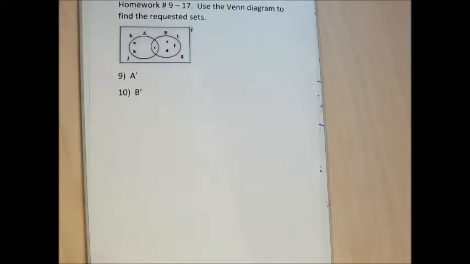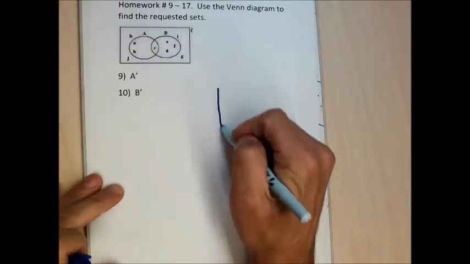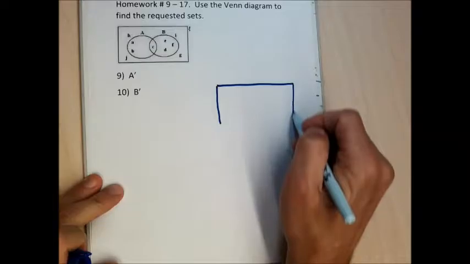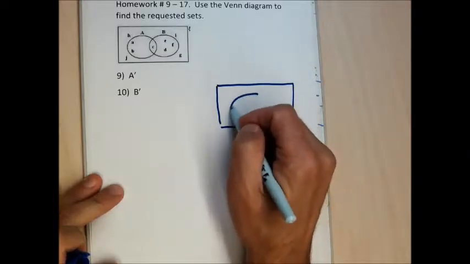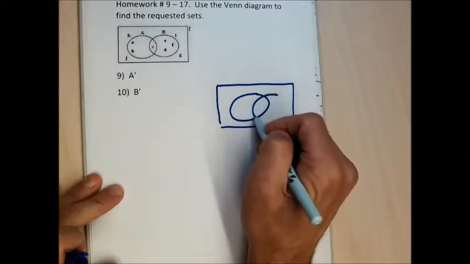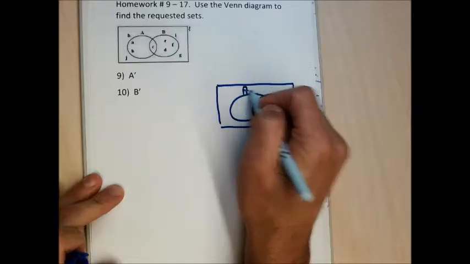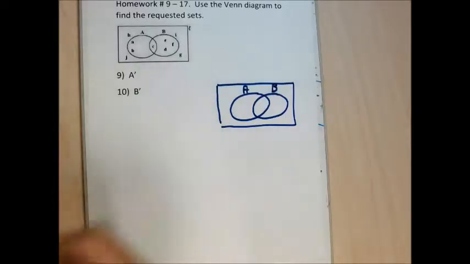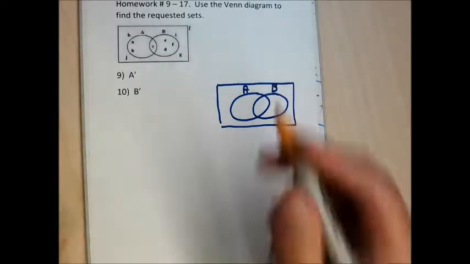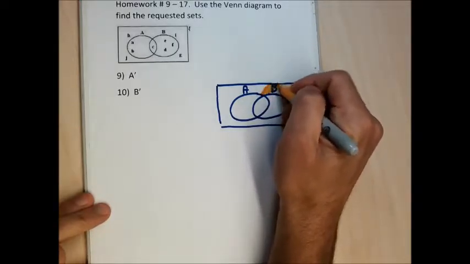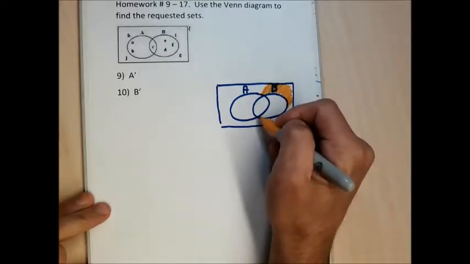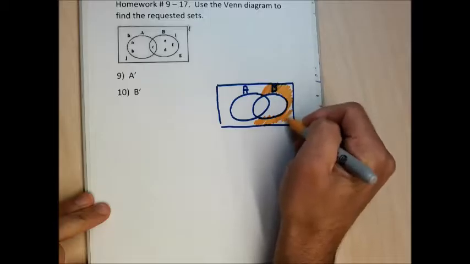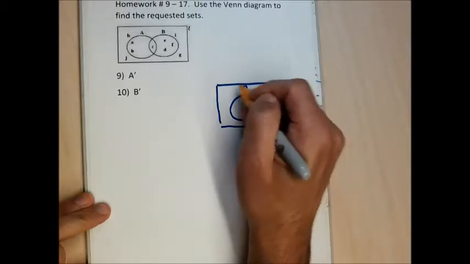And to do 10, from this picture that's given that has a set A and a set B, I just need to draw B complement. B complement's easy for me to draw. B complement is anything that's outside the B circle.